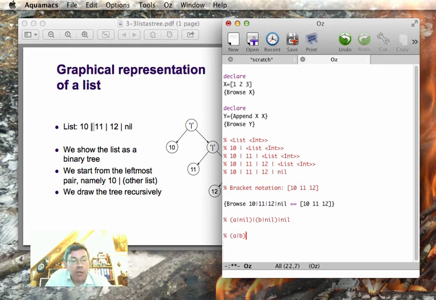A bar B, in parentheses, bar, C bar D, in parentheses, nil. So the first question for this second one, is it a list? And the second question, is the left subtree a list? Does it follow the definition of lists? And if you have understood the graphical representation, you can see at a glance whether it's a list or not.